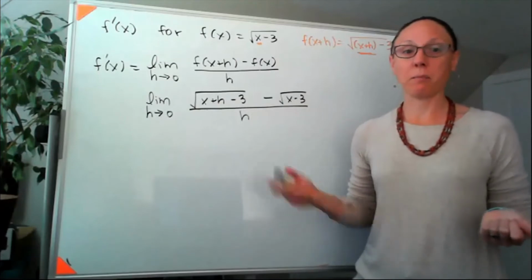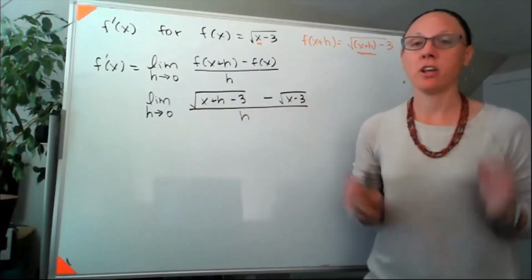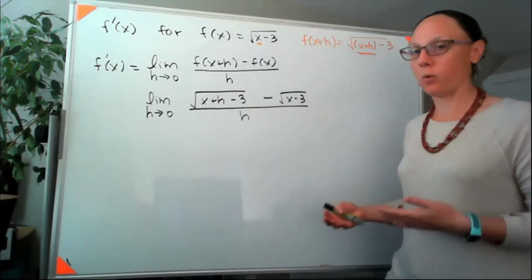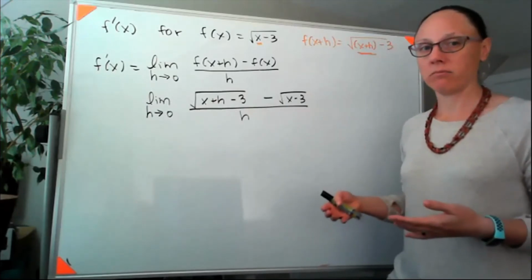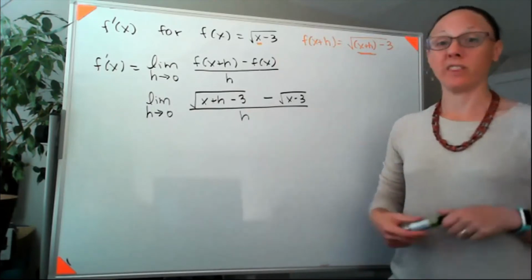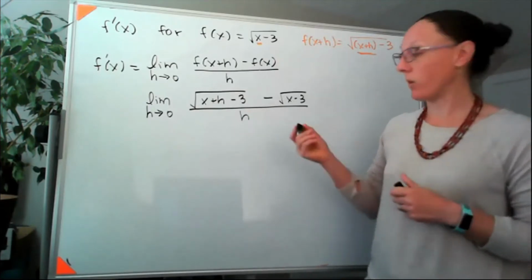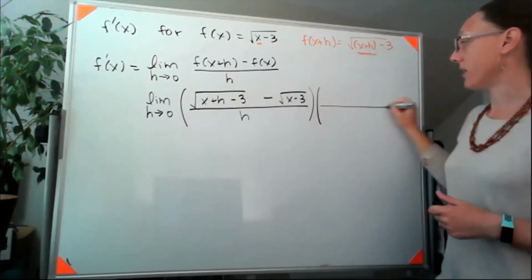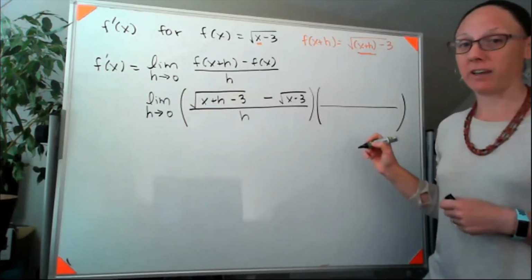First thing we try with a limit problem is to plug in the 0 for h. Fun fact, if you set this up correctly, it will always give you 0 over 0. So we're just going to move on with the algebra. Since I've got square roots, I know that the algebra I'm going to need to do is to multiply by the conjugate.